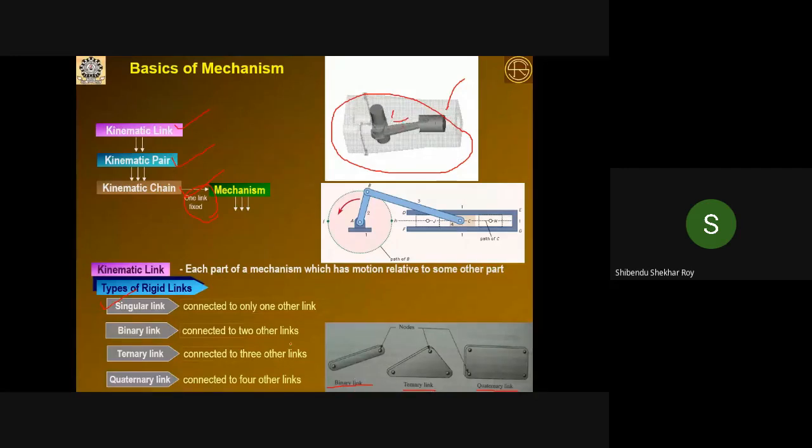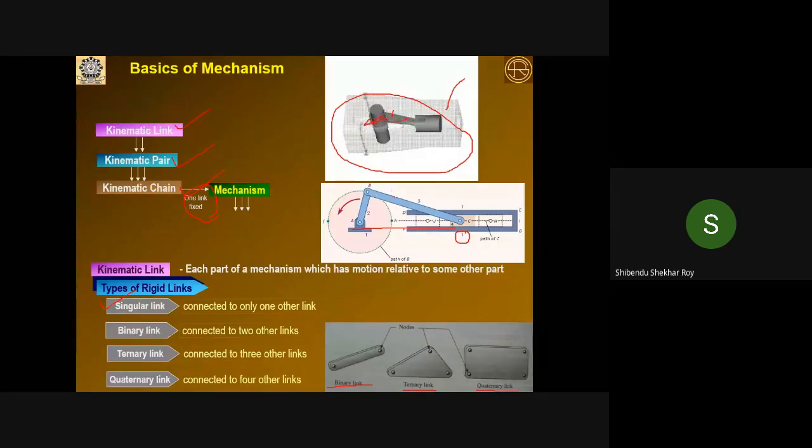You see here that this one, the S color, is basically the ground link, or link number 1. Link number 2 is this particular portion, that is the rotating one, and it is called the crank.